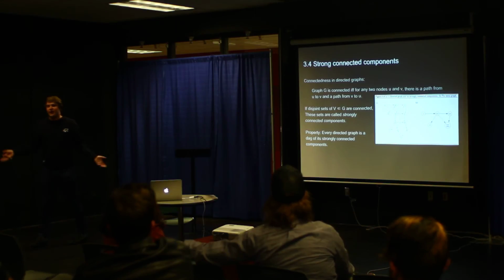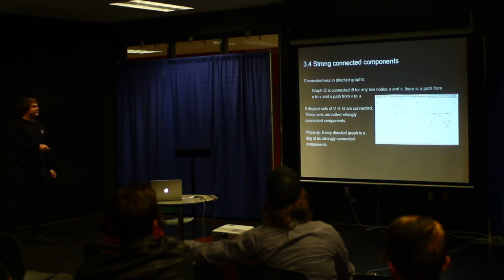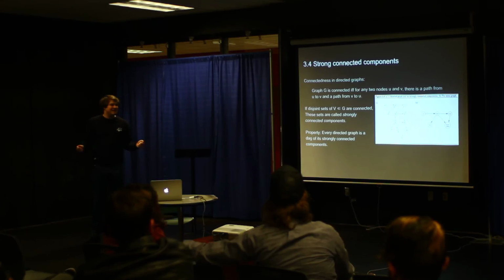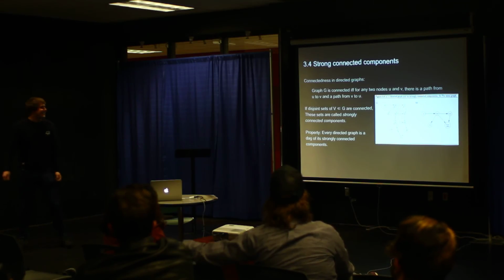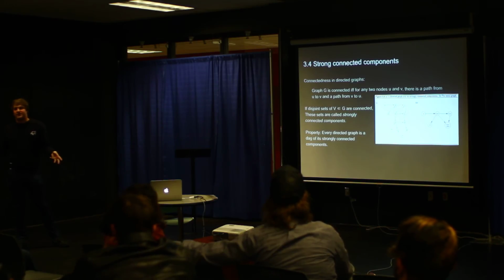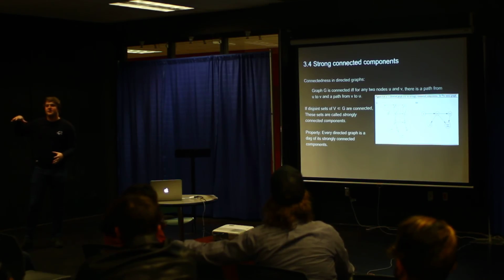It is just a directed graph. But when we group up all of these strongly connected components, it actually becomes a DAG, a directed acyclic graph, which might be more interesting in terms of looking at the meta properties of this.